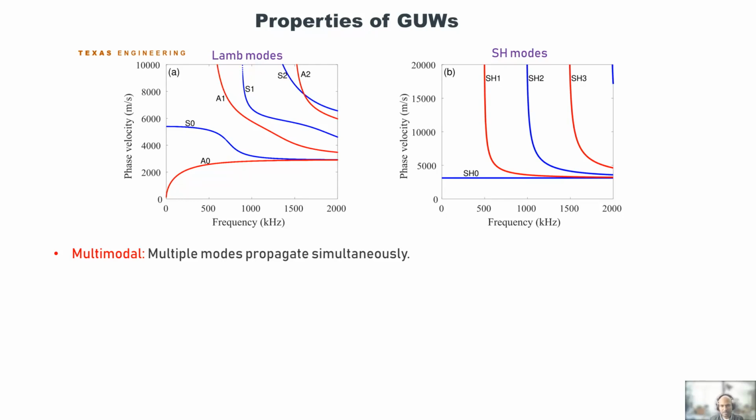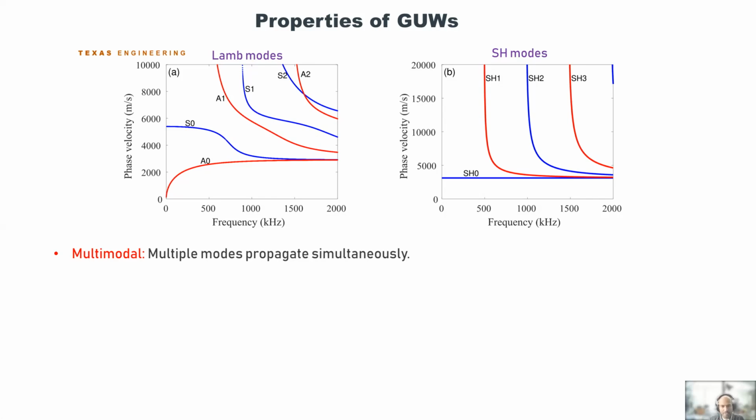At 1000 kilohertz, you'll have four modes: the anti-symmetric zero A0, symmetric S0, A1, S1. What this multimodal property allows you to do is, for one behavior, you have multi-dimensional data. You have four modes generated for one particular behavior, so you can describe the behavior in terms of four multi-dimensional wave packets.